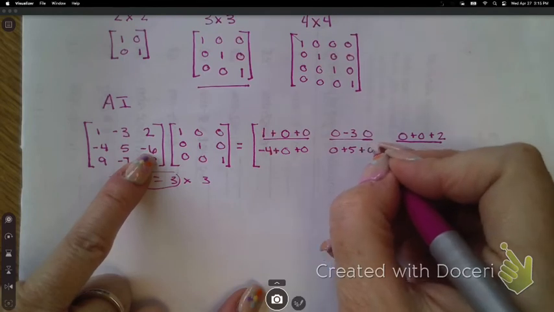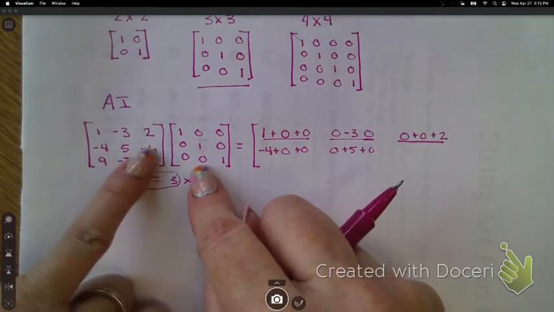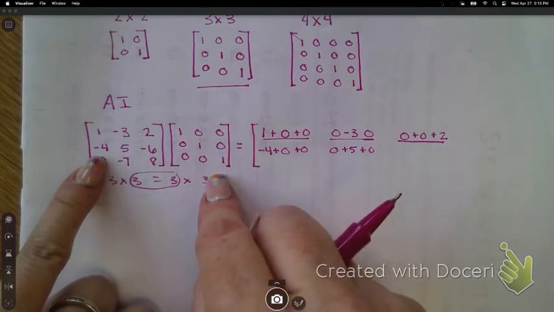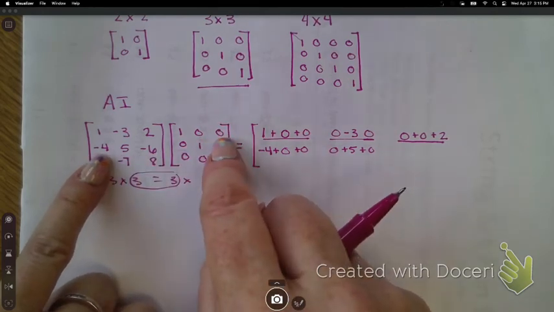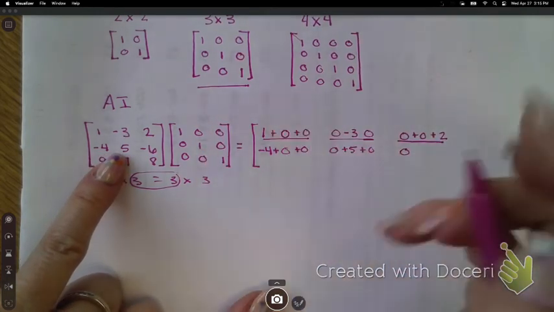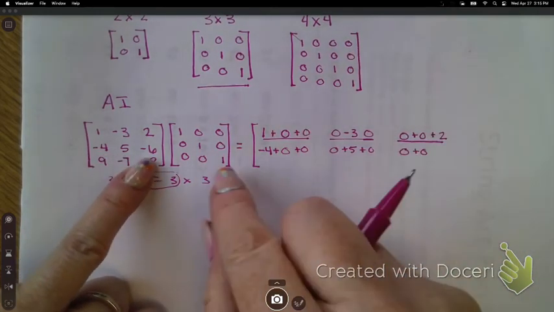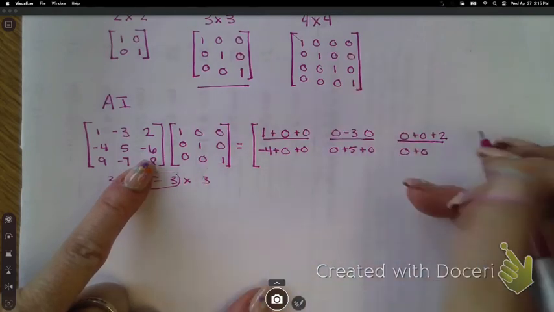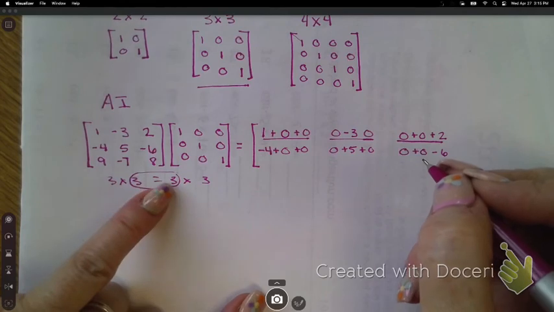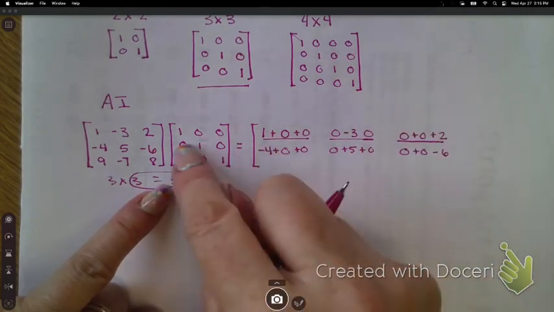And you can touch it. There's no reason you can't keep your finger there. Then I go second row, third column. So -4, 0, 0, 5 times 0, 0, -6, 1, -6. Now I got to do the third row with the first column.